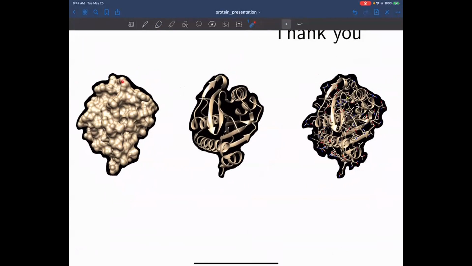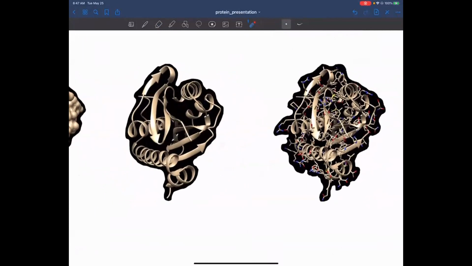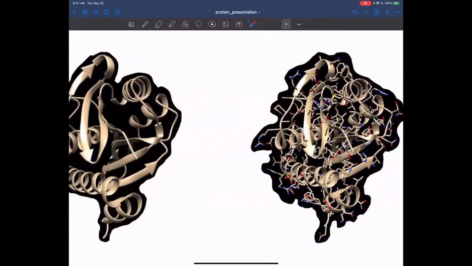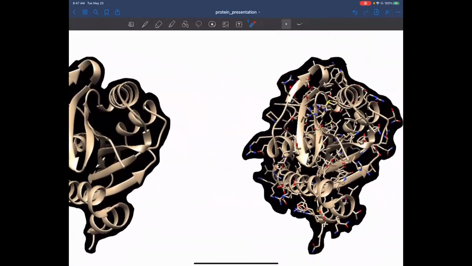If you get rid of the volume, it's just a skeleton. This is again a different picture, and you can see these spikes. These are all side chains of this protein. There's an alpha carbon, and this thing is attached to this alpha carbon as a side chain. This side chain gives the identity of this particular amino acid. So you can see how many side chains there are in this protein.